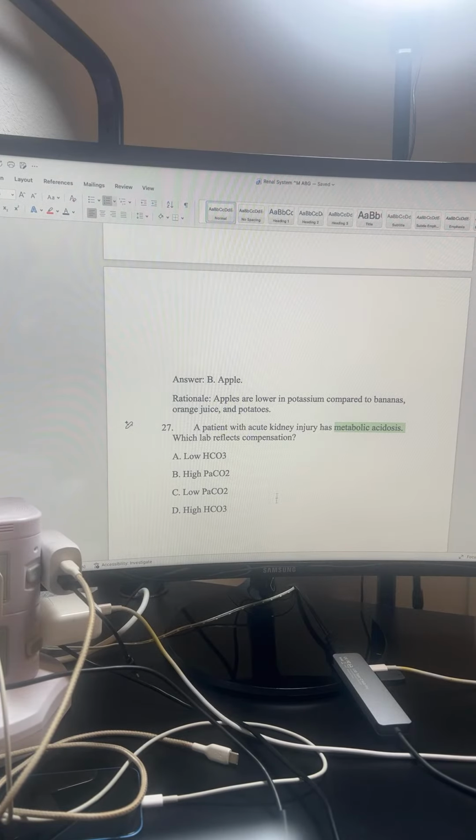All right. So if the patient is compensating and this patient has acute kidney injury, is it going to be a metabolic problem, a respiratory problem, or a kidney problem for the compensation?